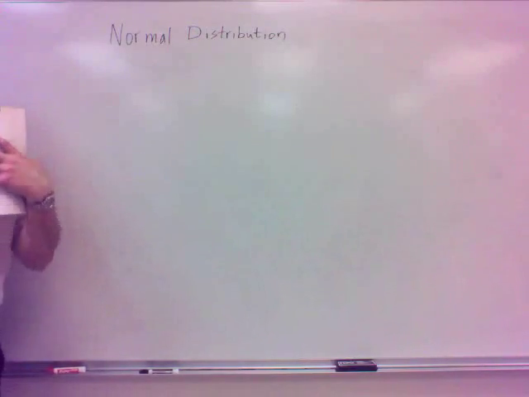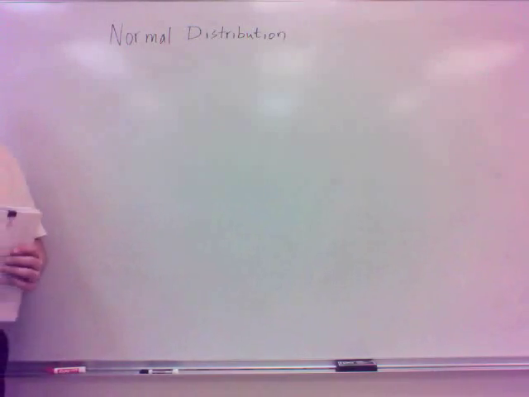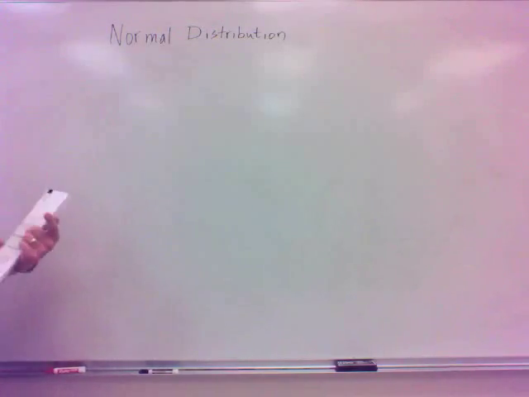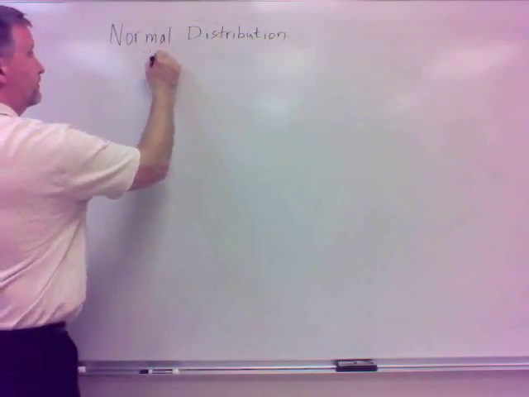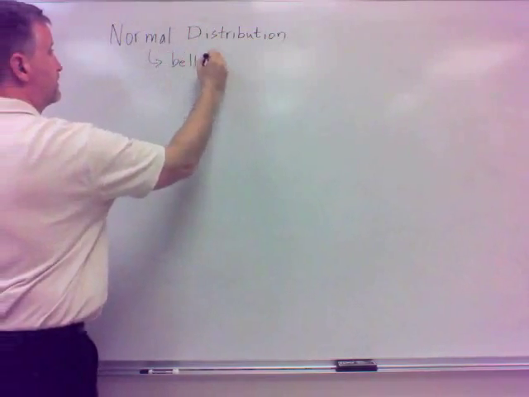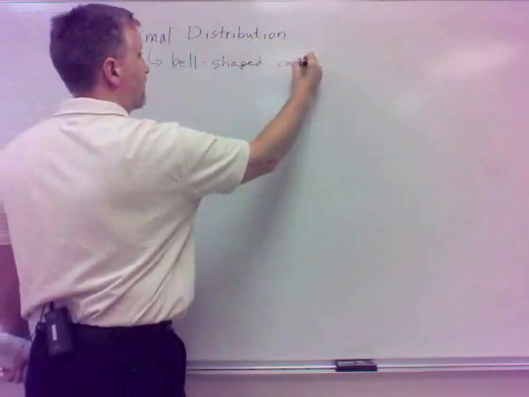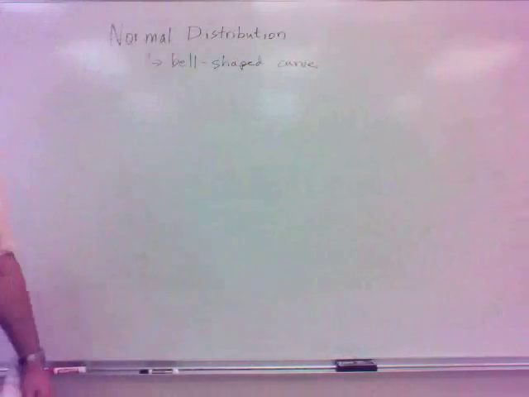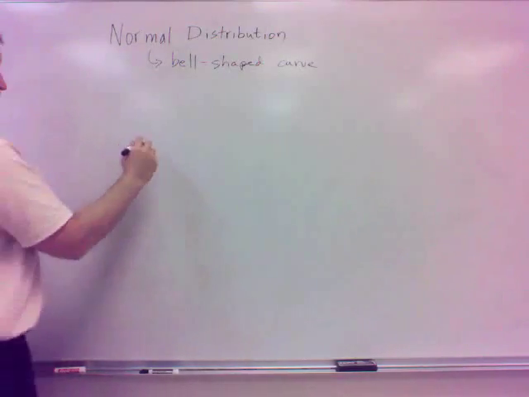And the distinction of a normal distribution from another distribution is that the normal distribution has what's called a bell-shaped curve. In other words, the graph of a normal distribution has the shape of a bell. So it's the bell-shaped graph or curve. That's the distinction to be made between it and other distributions.